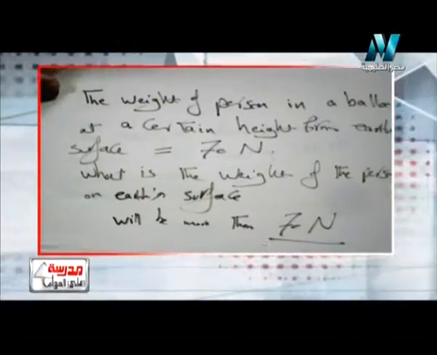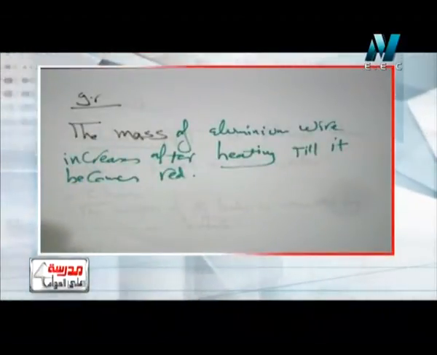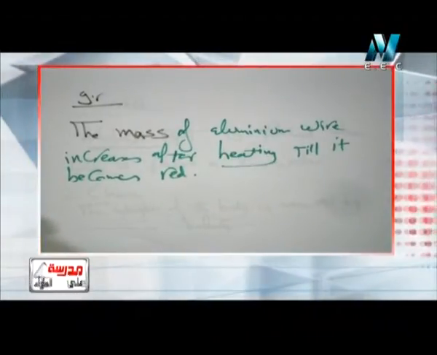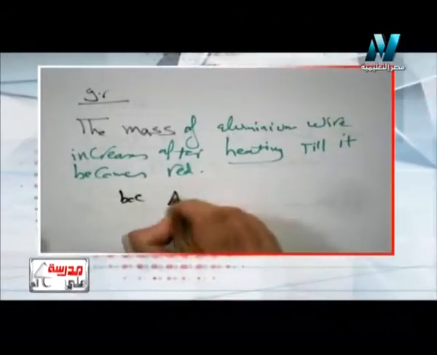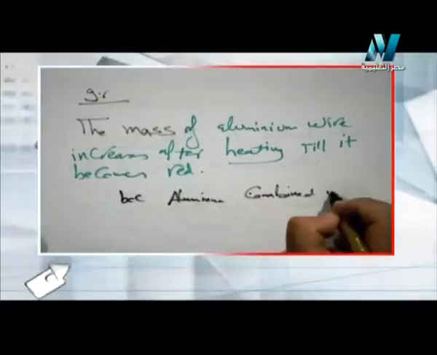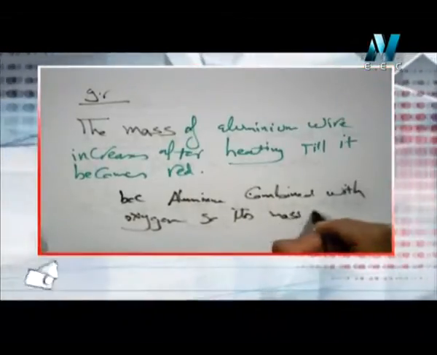Another question from Mustafa. Give reasons: the mass of aluminium increases after heating or burning till it becomes red. I think because aluminium combined with oxygen, so its mass increases, to form aluminium oxide.